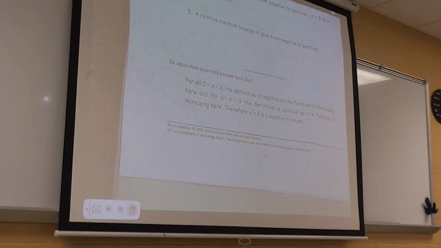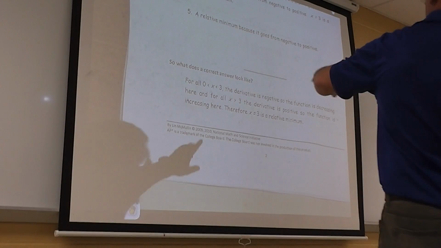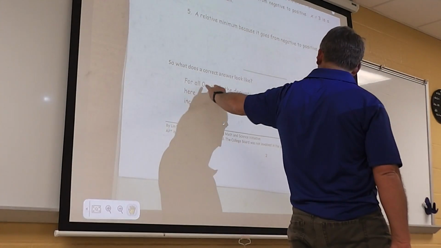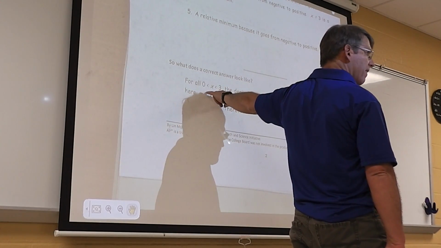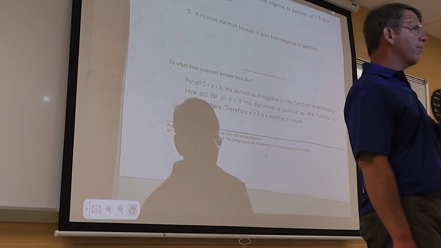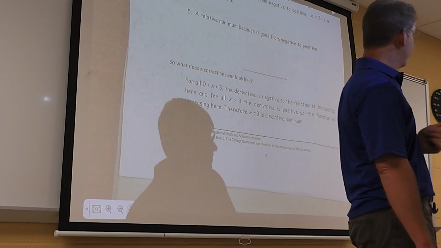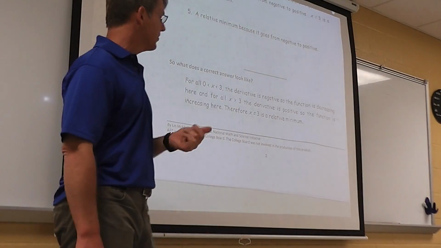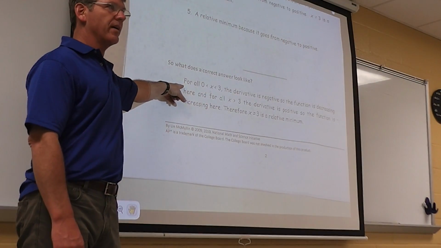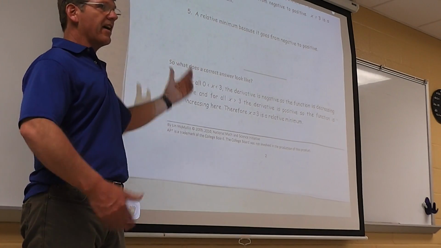That would earn you a justification point because of the words for all x. That's the same as when we said f prime of x is greater than 0 or f prime of x is less than 0. That communicated the global answer. This communicates the global answer as well, as opposed to just calculating f prime of 2.